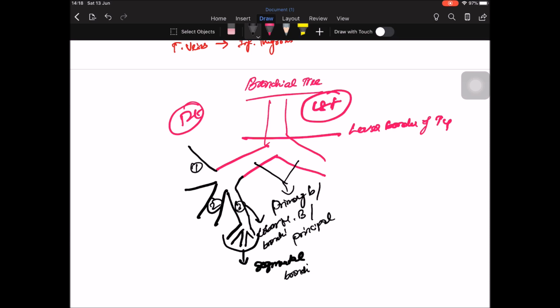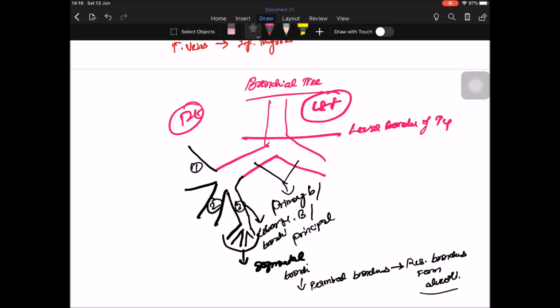After that, it further divided into terminal bronchus. After that, it ended at respiratory bronchus to form alveoli for gas exchange.